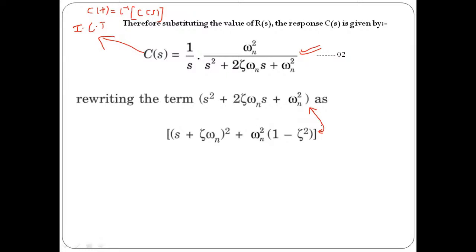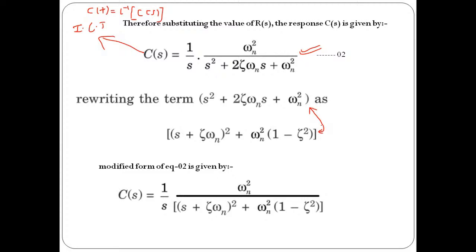But why are we writing this? Because straight away we want to take inverse Laplace and we want to arrange them into some standard formula so that we can at the last write their direct formulas in terms of time domain. So the modified version of equation 2 is given like this. I hope this is clear to everyone.